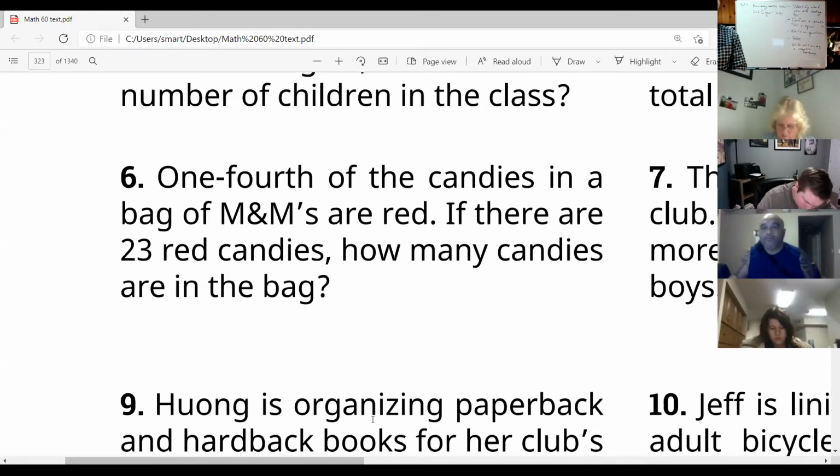One-fourth are red. 23 is 1/4 of the total. Can you write an equation based on that sentence?